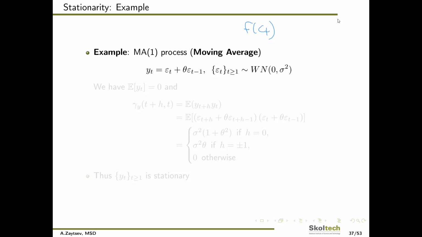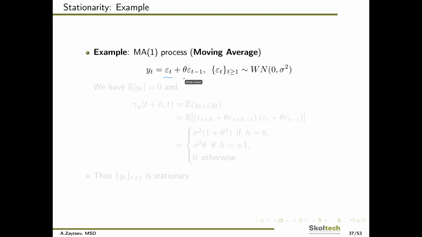Okay, so let's consider another random process, which is called moving average. In this case, we assume that each yt is a sum of two terms. The first term is epsilon t, the second term is epsilon t minus 1 times theta.